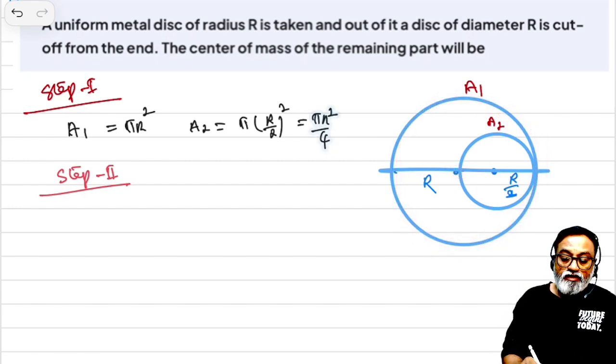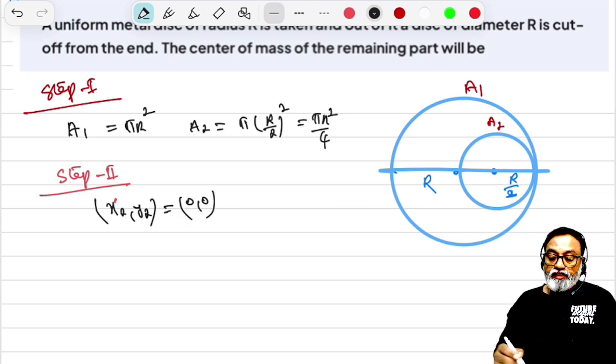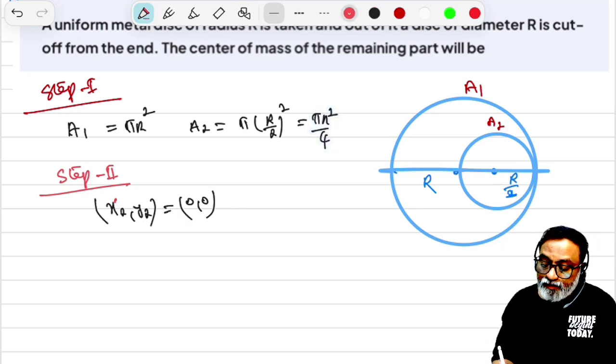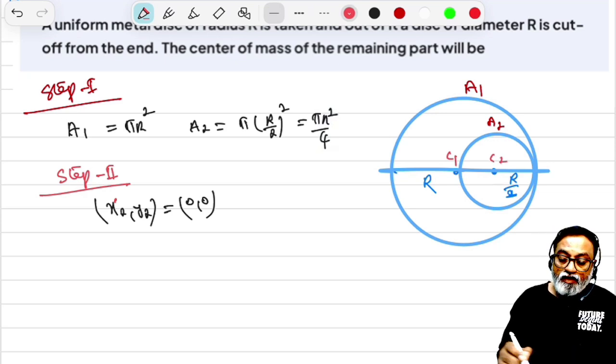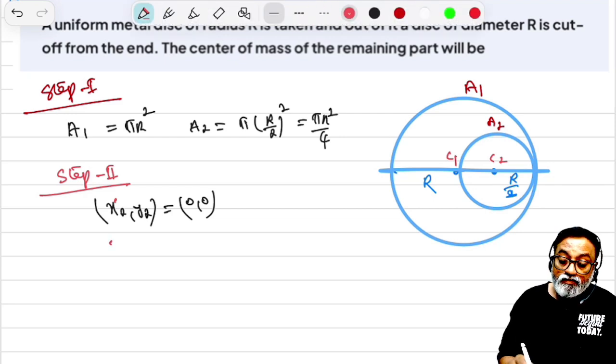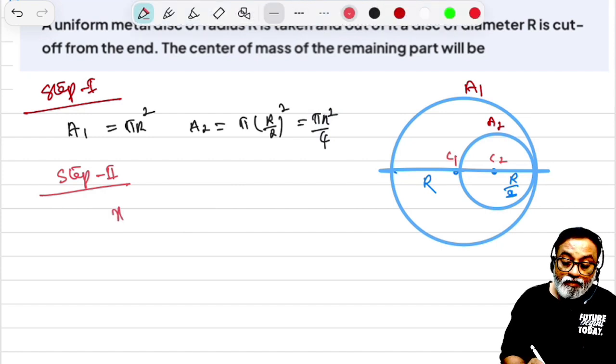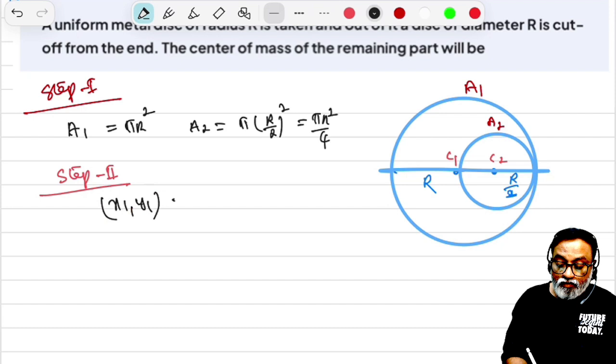It is very easy. Then x1 y1 is equal to 0 comma 0.